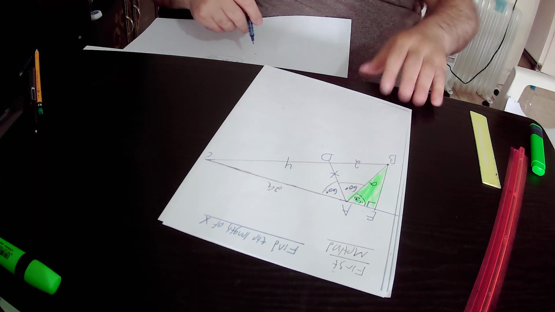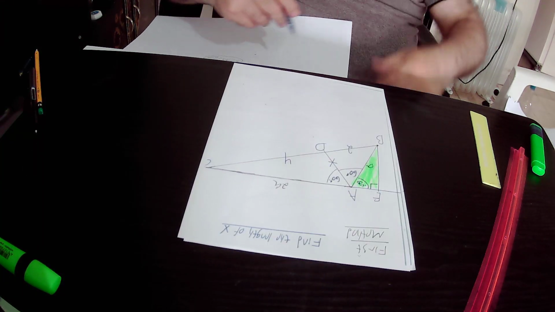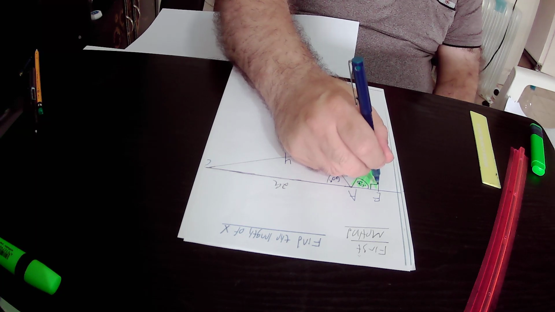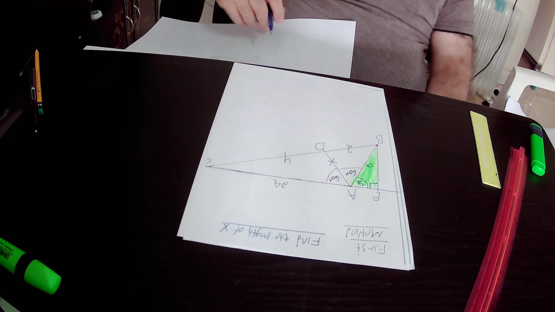In the next step, we'll focus on the right green triangle, triangle EAB.